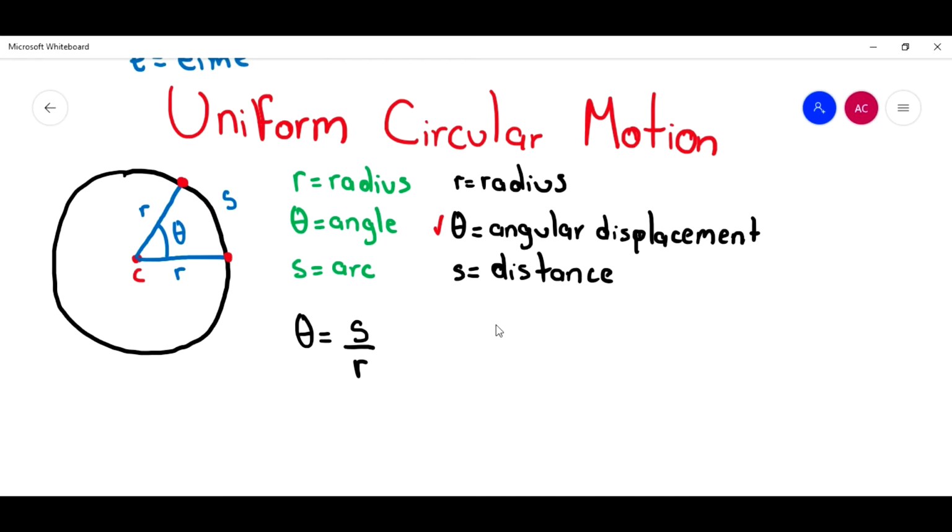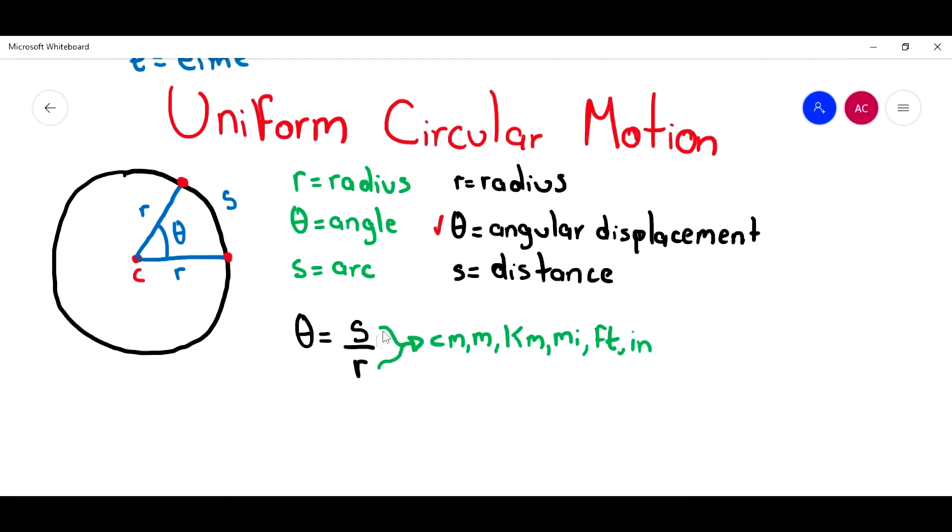Now, what are the units? The units are going to be the same for both. They could be centimeters or meters or kilometers or miles or feet or inches, as you wish.